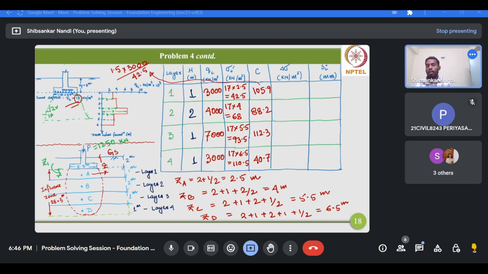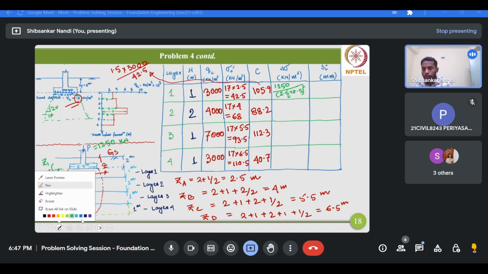That is basically B plus z1, and considering both directions, length and width, it should be divided by (B plus z1) square for a square footing. So for the first layer it would be 1250 divided by (2.5 plus 0.5) square, divided by 9, so it's 138.9.